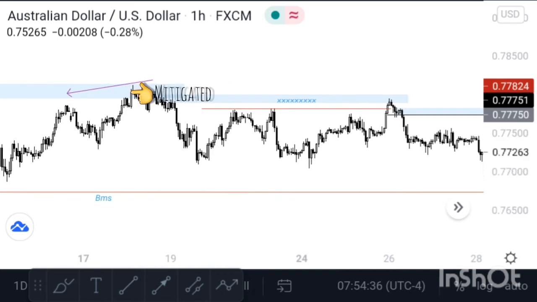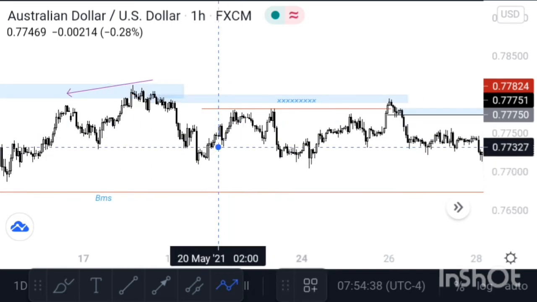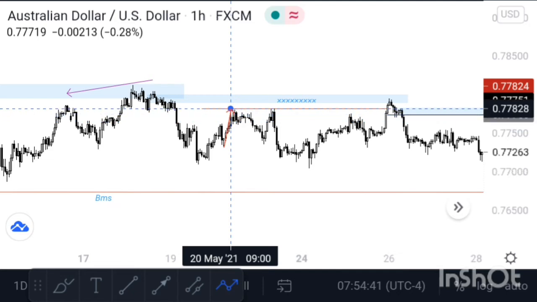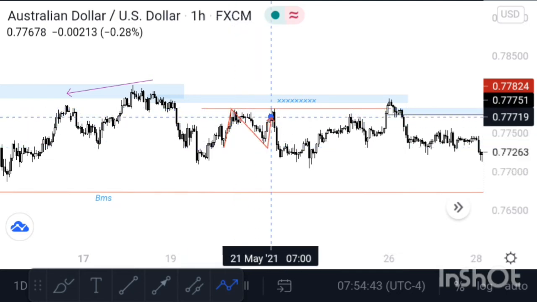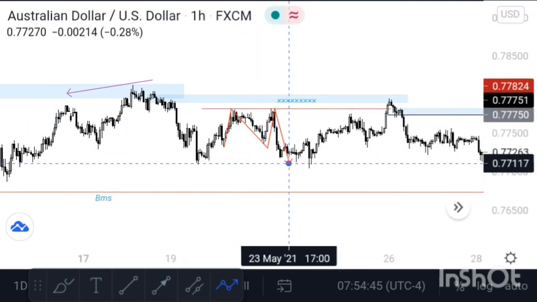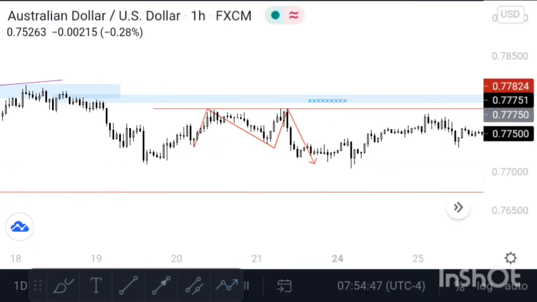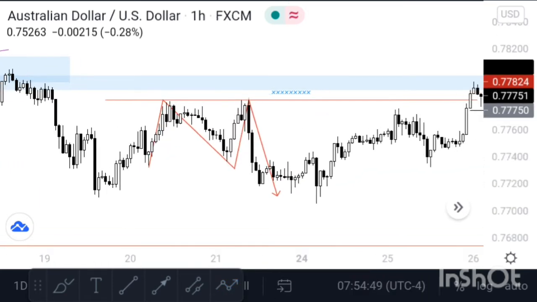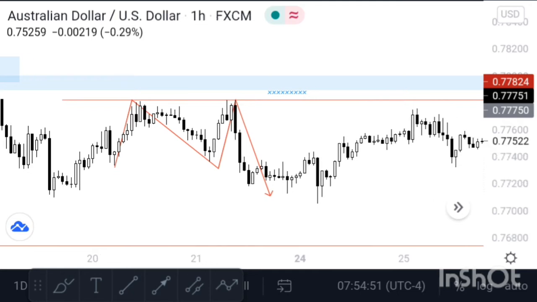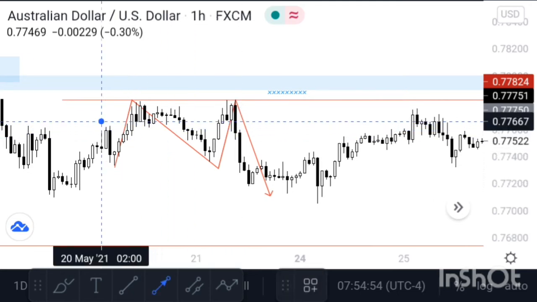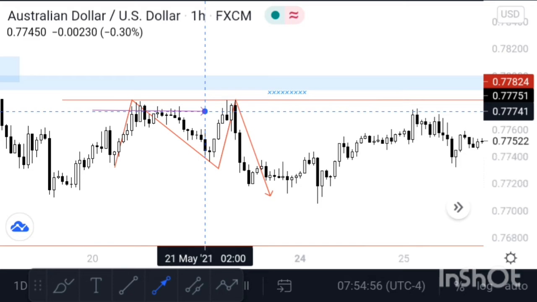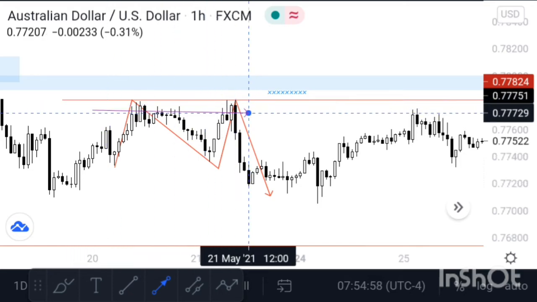Another thing I was explaining, can you see this? This is an M formation where the market introduces the early sellers and then creates a resistance right over here and gives the fake signal.